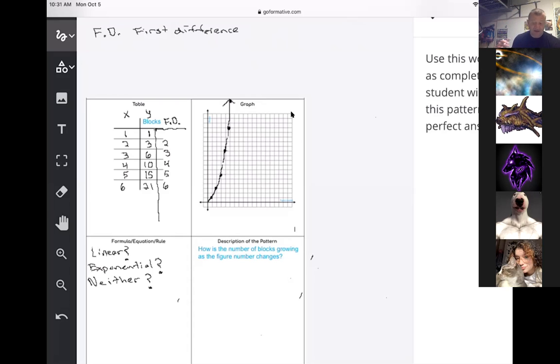Okay. Now we can see here that it's not. So you might write that down: if the first difference is the same number, or if the first difference is constant, I might be telling you too much here, it is linear.